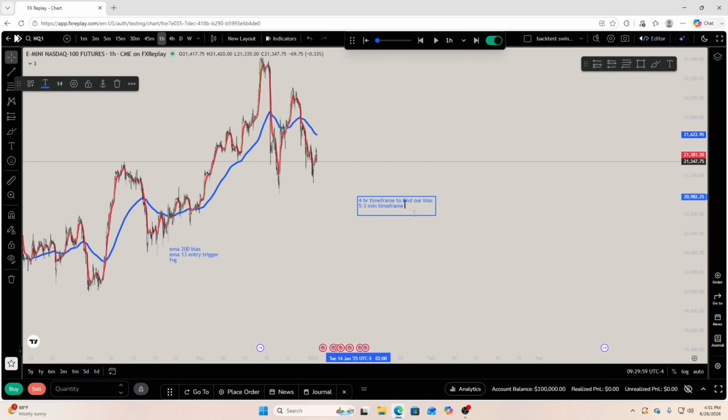5 to 3 minute time frame to find out your entry. You wait for a V to form in the market, then an EMA 13 body closure and an FVG or IFVG all in one candle.